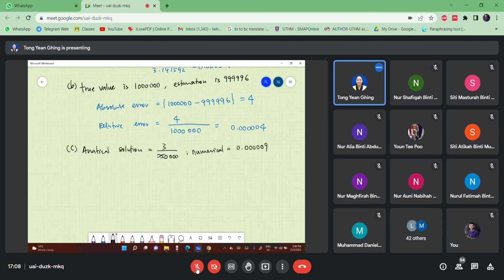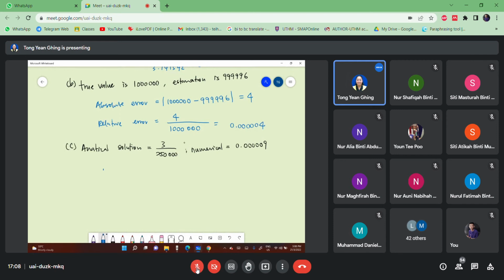So, the absolute error is equal to this one minus this one. What do you get?